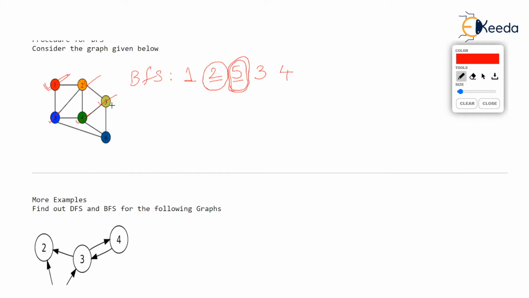The neighbors of 5 are 1, 2, 4, and 6. Among these 4 neighbors, 3 are already visited, 1, 2, and 4, so you can't print them again. 6 is the only neighbor of 5 which is not yet printed. So you will print 6 and you will mark 6 as visited.